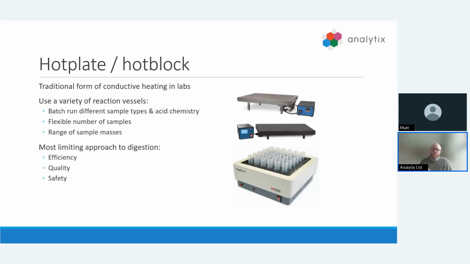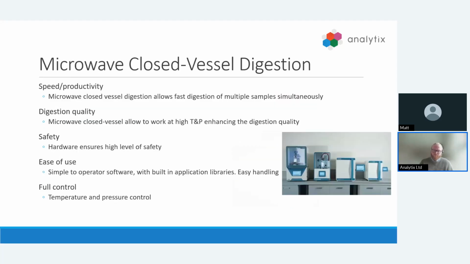And as you'd imagine, with boiling hot acids in open beakers, there are safety considerations that must be taken into account, and also these must be run in a fume hood. Being in open vessels, you're working at atmospheric pressures and are limited to the temperatures you can reach, so it's not a suitable technique for those tricky to digest samples as well.